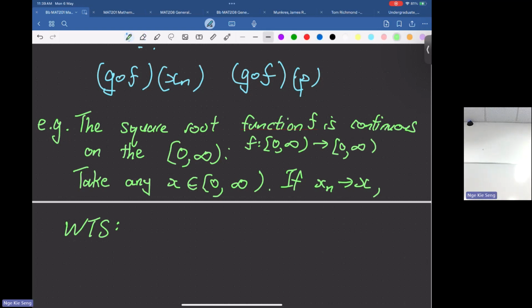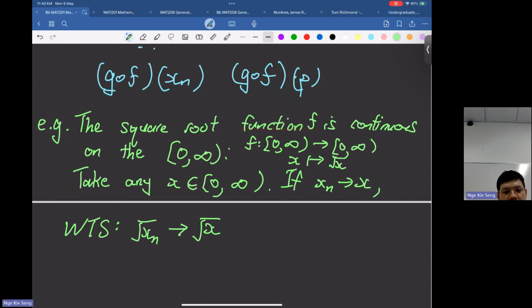But how do we define this square root function? x goes to the square root of x. So this is what we mean by the square root function here. If we have x_n converging to x, we want to show that the square root of x_n also converges to the square root of x. Does it make sense? This is what our function does.